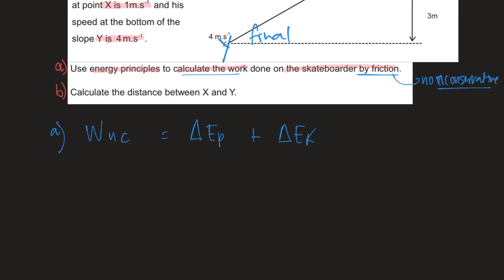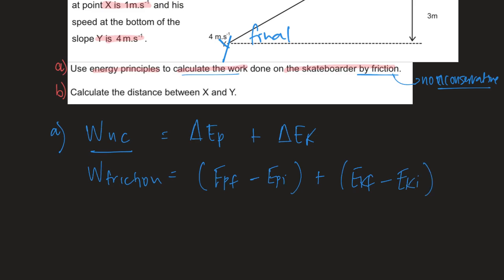This work non-conservative is actually the work done by friction. If we expand this, all we're looking at is the final potential energy minus the initial potential energy plus the final kinetic energy minus the initial kinetic energy.